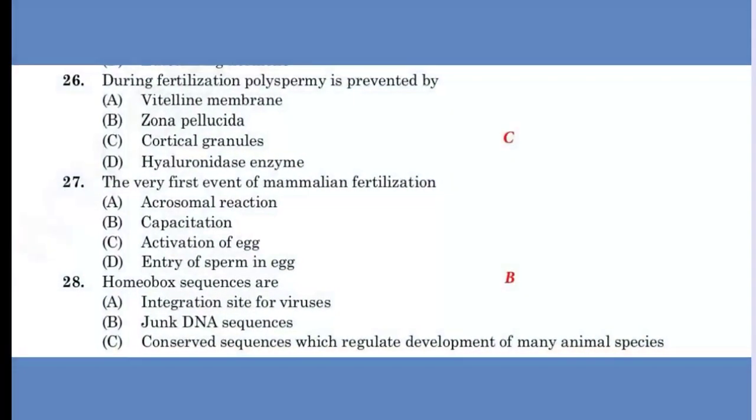Then the next question: during fertilization, polyspermy is prevented by. Polyspermy means the fertilization of an egg by more than one sperm. Diploid organisms normally contain 2 copies of each chromosome, one from each parent.